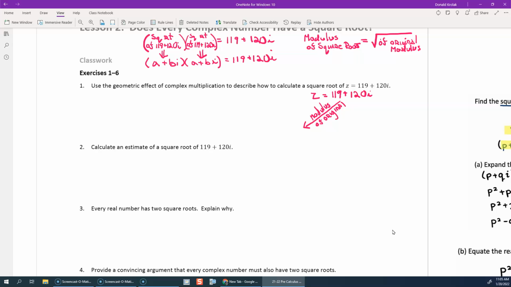That would be the square root of 119 squared plus 120 squared, and when you do that, you get 169. So that's the modulus of the original.